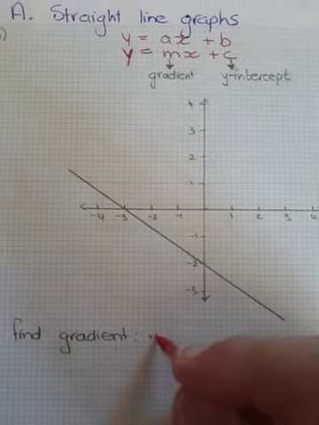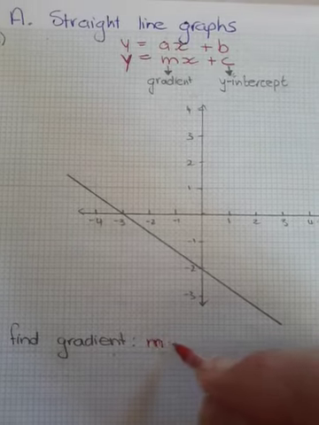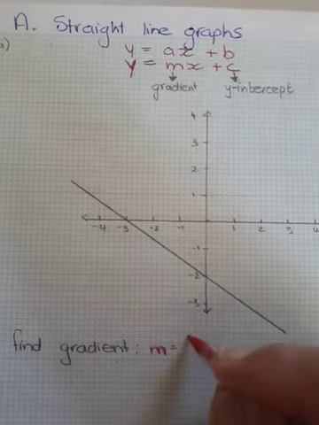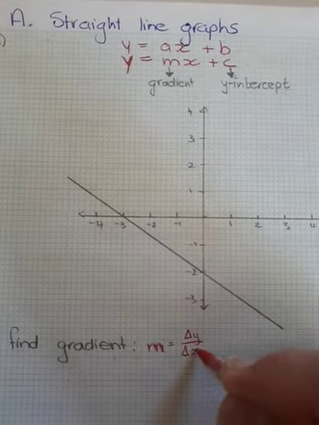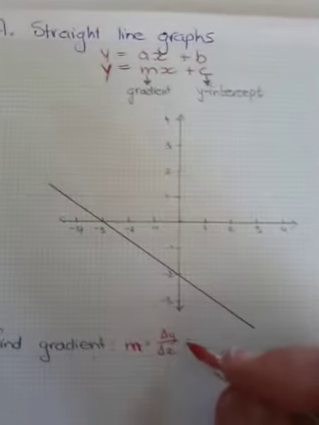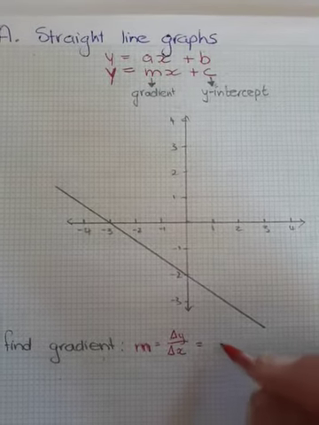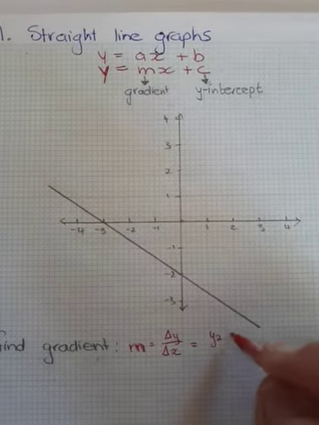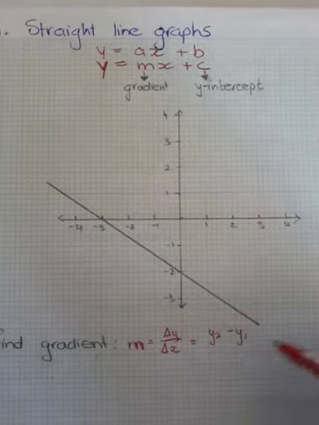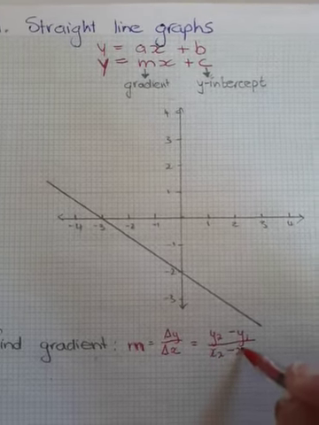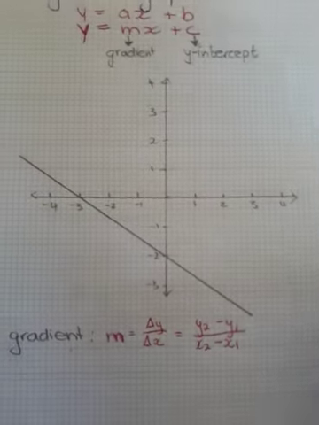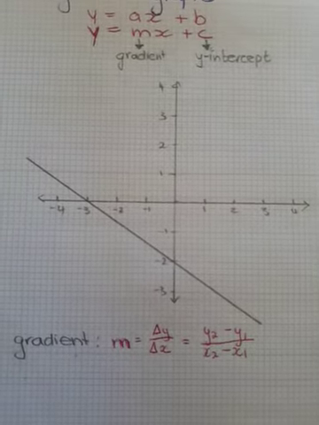For the gradient, you must know the formula m equals the change in y divided by the change in x. Or you can also write that as y2 minus y1 over x2 minus x1. The 2 and the 1 can be swapped. It makes absolutely no difference.